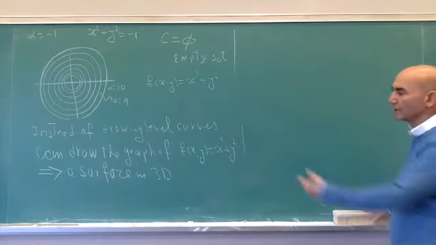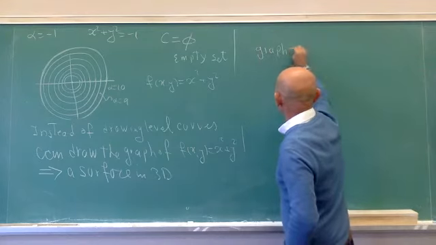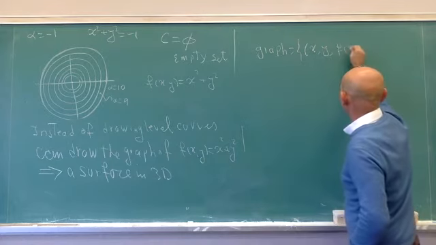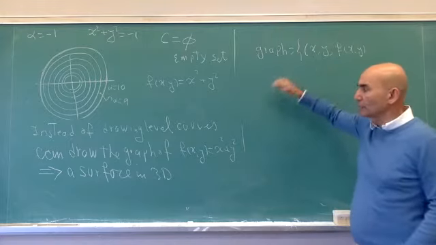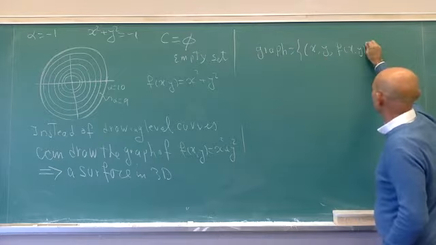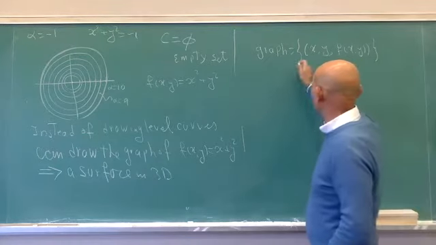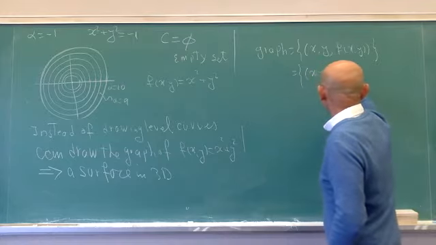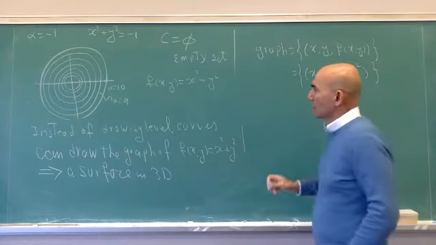So what is the graph of this function? The graph is the set of all points x, y, f of x and y. The third coordinate is not arbitrary. It's going to be determined by the first 2 coordinates, which is x and y, right? So in this case, it's going to be the set of all x, y, x squared plus y squared.